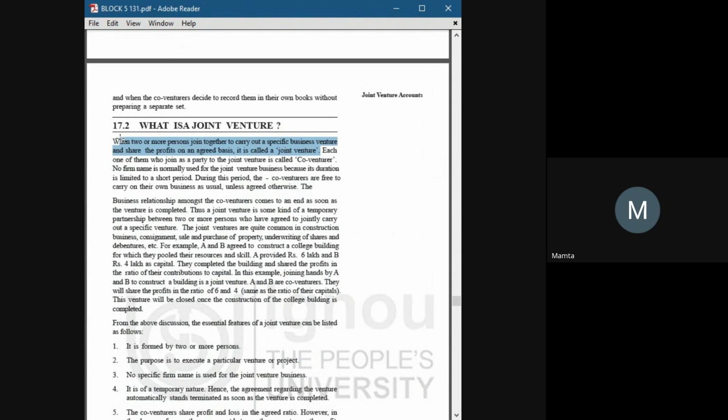Now two companies have joined their hands for the construction of that building. That thing will be known as a joint venture account. When two or more persons join together to carry out a specific business venture and share the profit on the agreed basis, it is known as a joint venture.